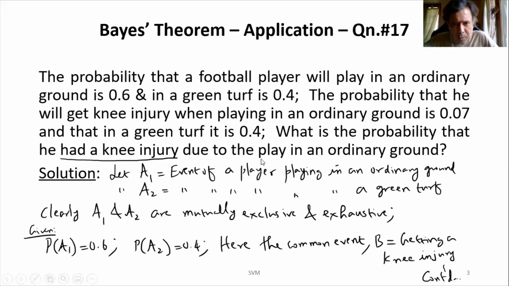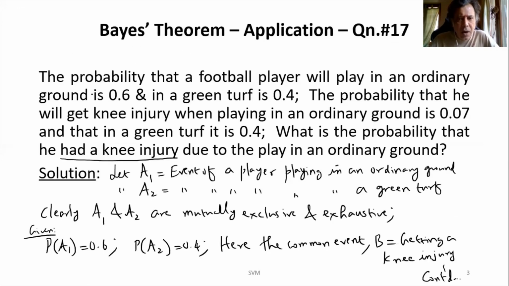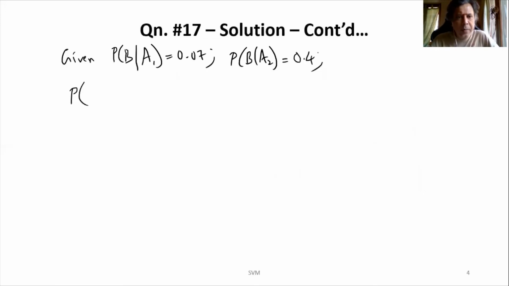Now we have to find the probability that the player played in an ordinary ground. Ordinary ground is nothing but A1. So probability of A1 given that knee injury has already happened, that is what we have to find. Again, we will apply the Bayes theorem formula.